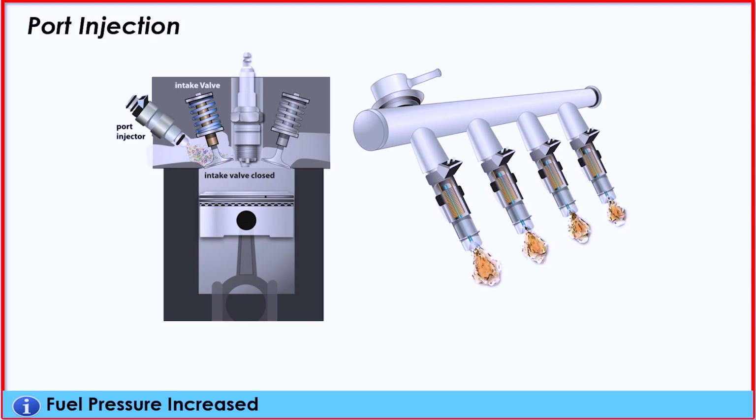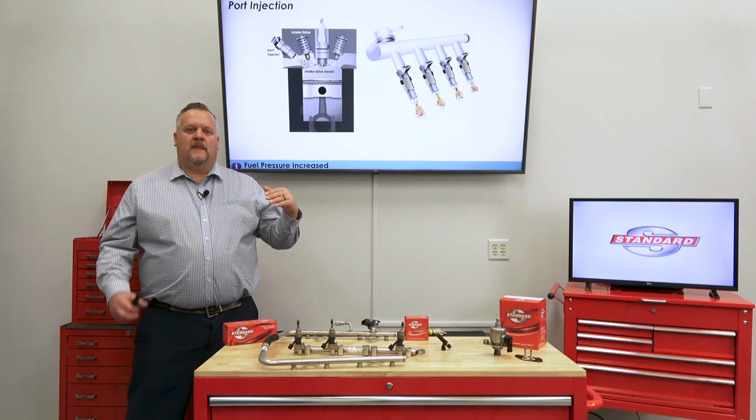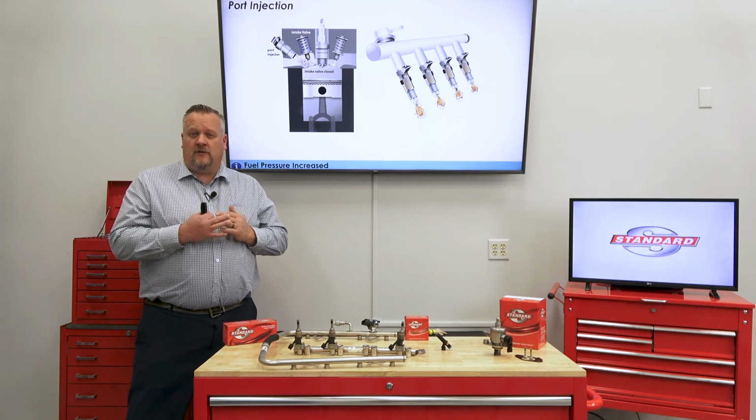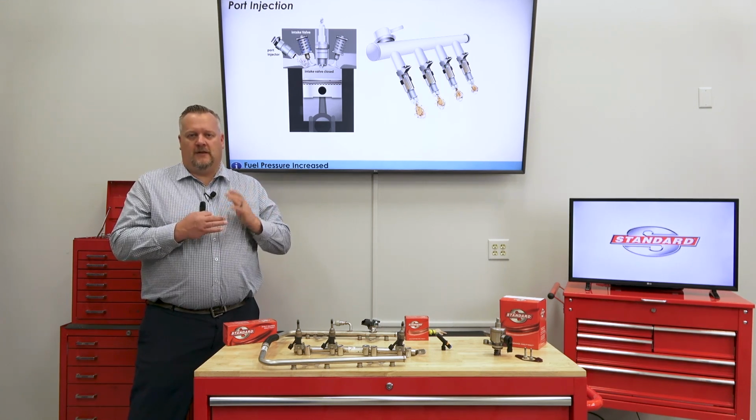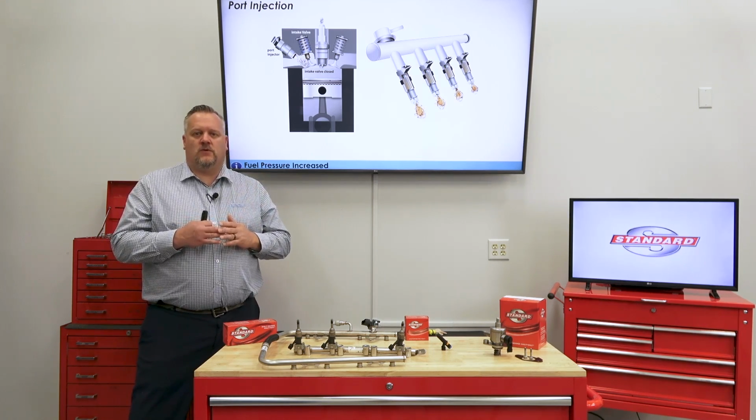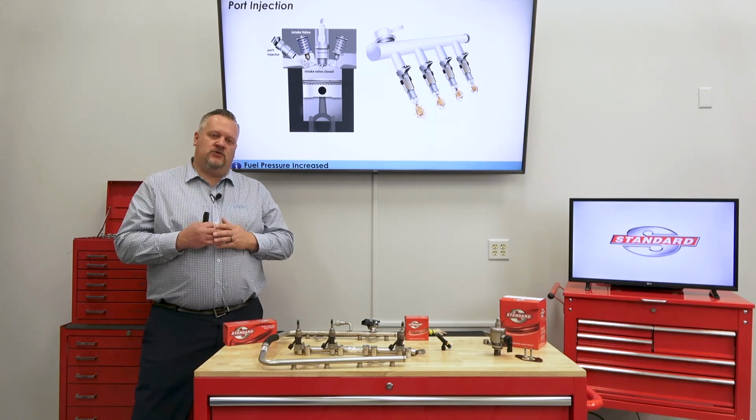Well, by the late 80s, we started seeing port-style fuel injection, in which we had a little higher fuel pressure. Some of these might go up to 45, 50 psi. We're getting much more pressure, and that's going to change the boiling point of the fuel. It's going to be a much more deliverable and reliable fuel source going to these port-style injectors.